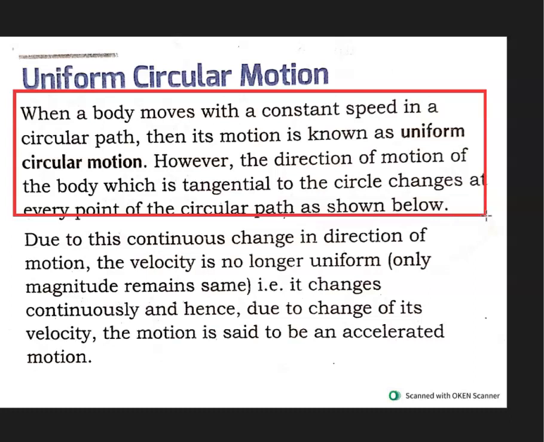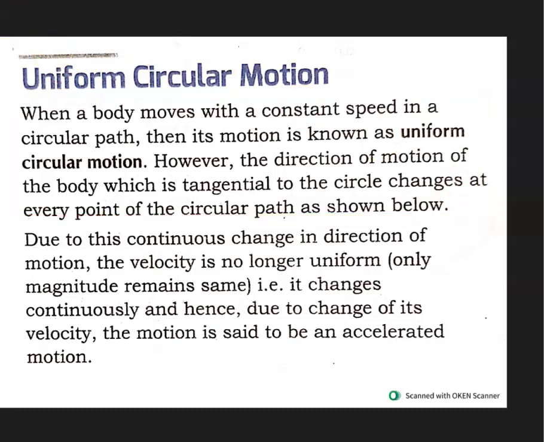Remember, velocity is a vector quantity. It has a magnitude and it has a direction. The magnitude of velocity, which is known as speed, is remaining constant. However, the direction of velocity is changing at every point and hence the velocity is considered to be variable.